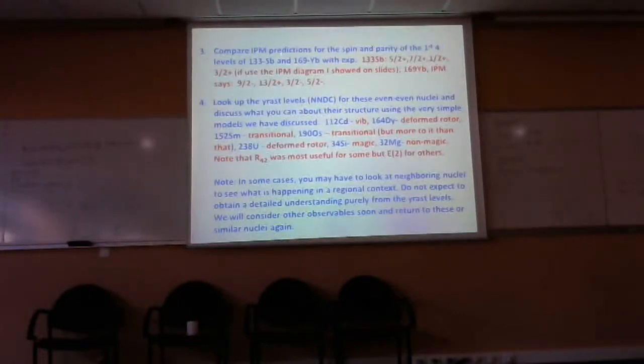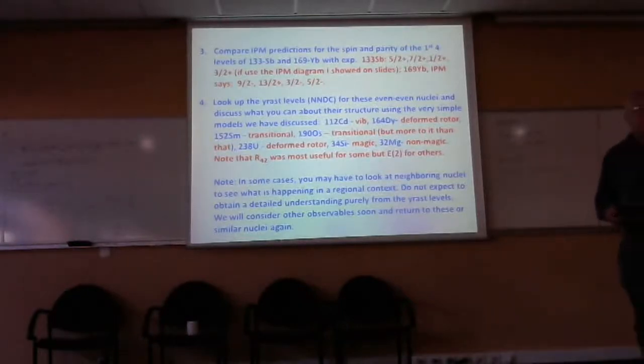I asked you to compare the independent particle model predictions for the first 4 states with antimony 133 and terbium 169. Now, if you remember the comments, some of you were puzzled by this because the antimony didn't work exactly. You got the rights, 3 of the 4 states had spins and parities that were consistent with the experiment, but the order wasn't right.